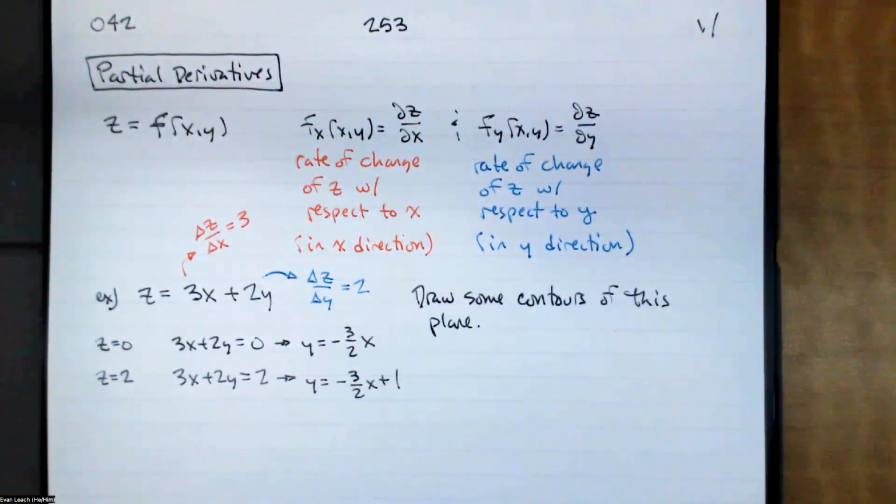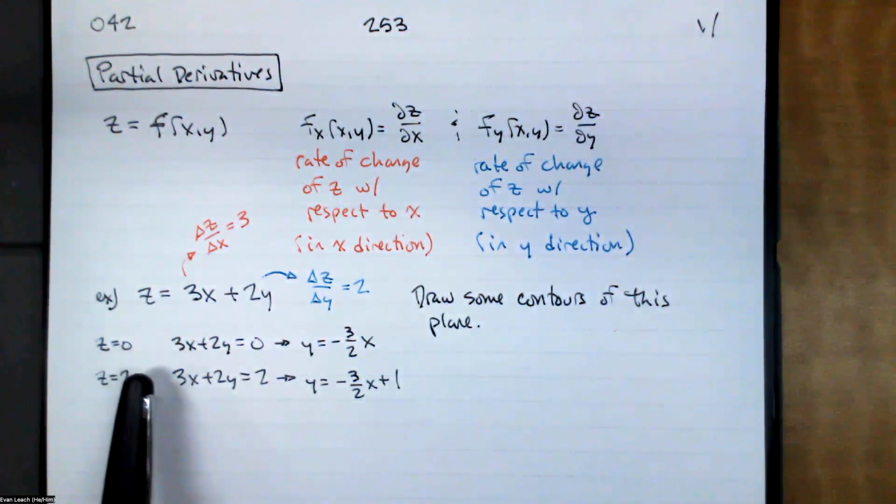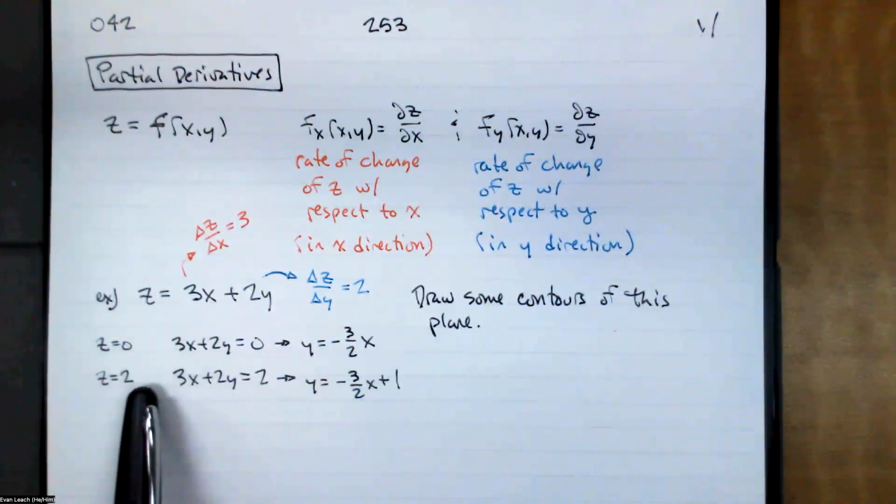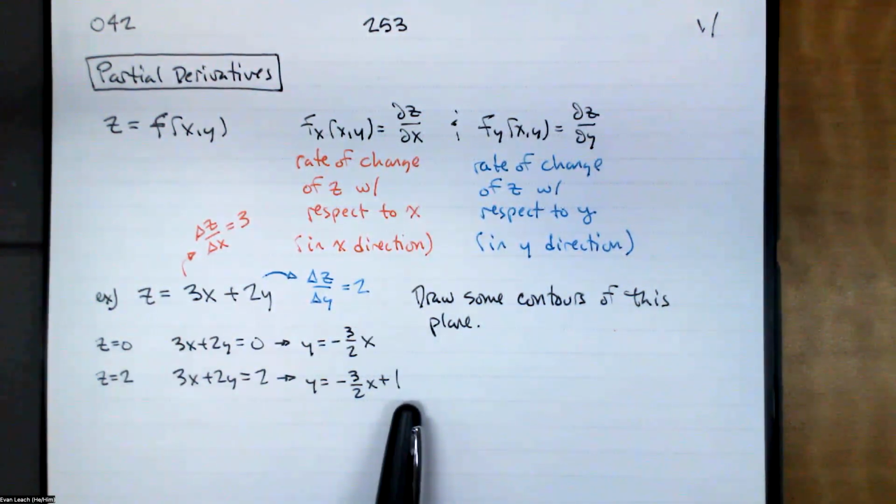We can see the slope right away by writing the contours in function format. By writing y equals -3/2 x, then y equals -3/2 x plus 1. Notice we can see our change in z divided by the change in y. When z increases by 2, y has increased by 1.